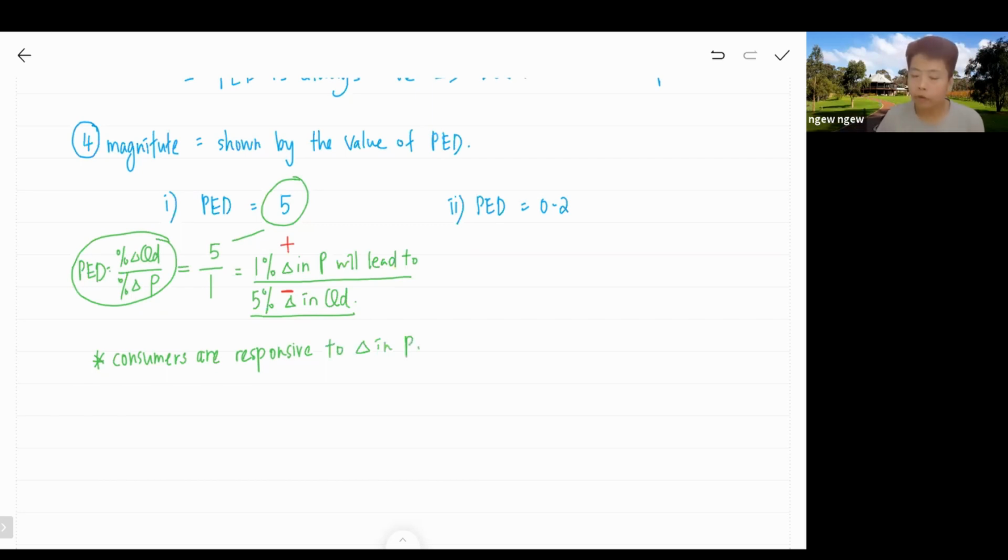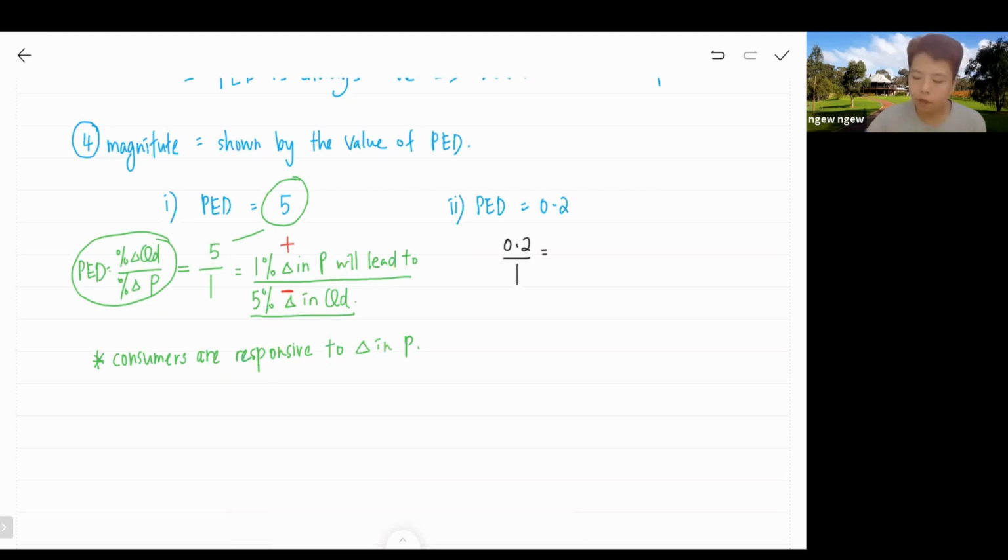All right, so we settle this for a while and then we move to PED equals 0.2. Again, we are using the same way, so it must be 0.2 divided by 1.